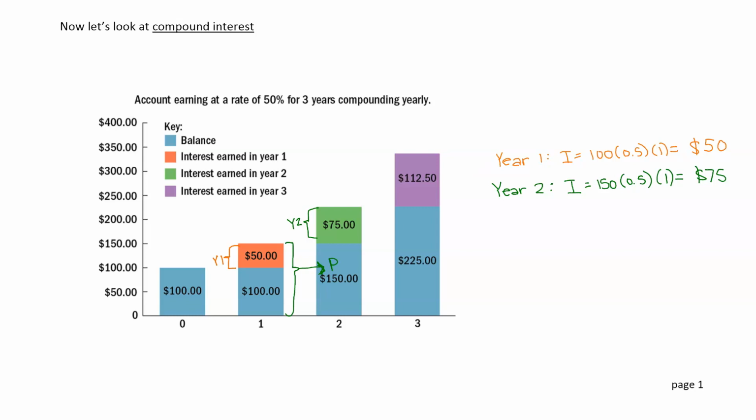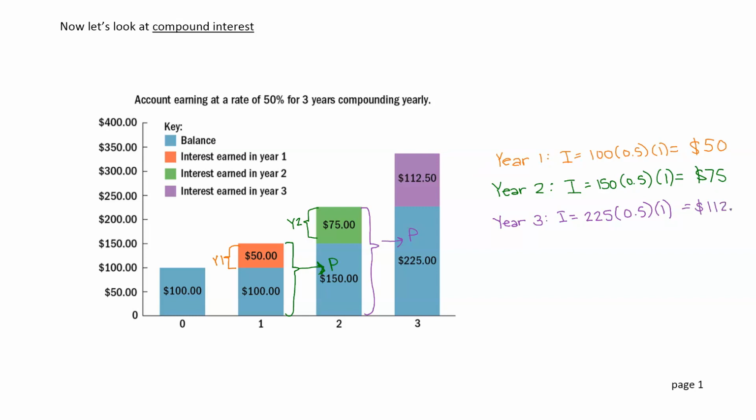Okay, a whole other year has gone by, so we're at year 3, and we're going to take all the money that's in the account, and that now becomes our new principal. So that's going to be the 150 from the first year plus the interest from the second year. Then to calculate interest, we get I equals 225, since that is the new principal amount, times 0.5, which is the rate, times 1, because one more year has passed.